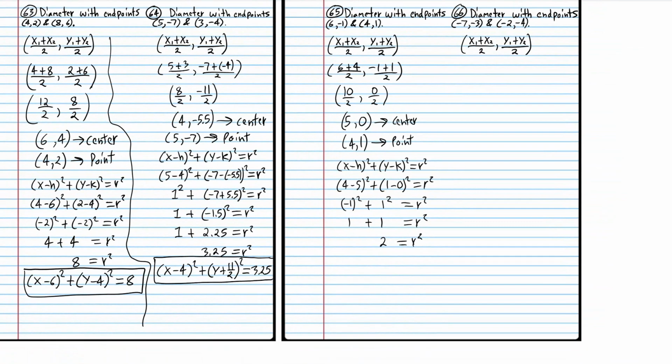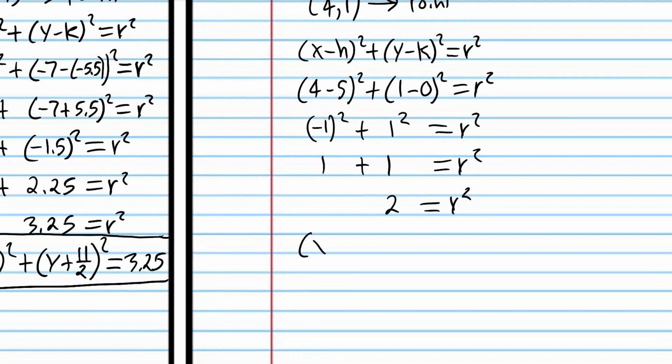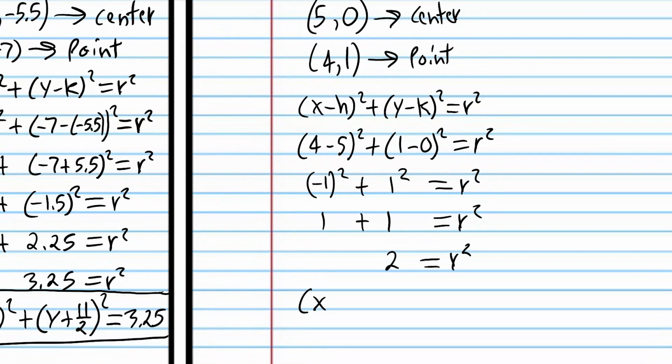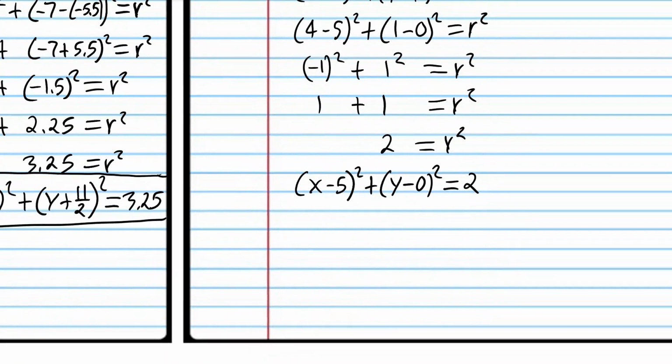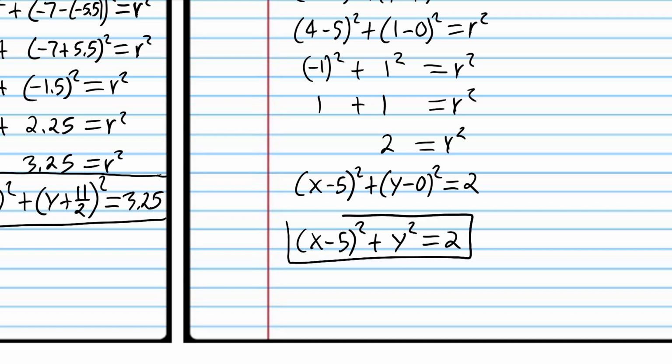So now we can write the final form, x minus the x value of the center, plus y minus the y value of the center, and r squared is 2, and we're just going to simplify that a little bit more. So x minus 5 squared plus y squared equals 2. And so if you got that, good job.